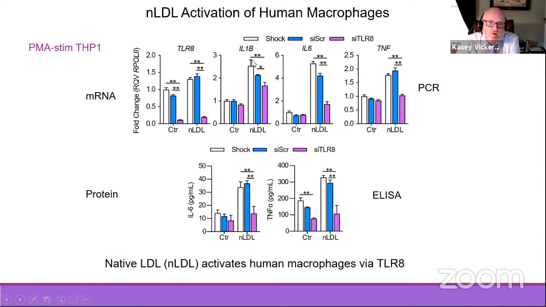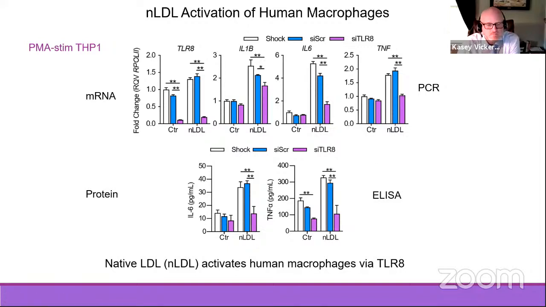LDL would turn on IL-1 beta in the presence of the scrambled control, but there was a significant block in LDL stimulation when TLR8 was suppressed or knocked down. And this is for all three: IL-1 beta, IL-6, and TNF-alpha. At the protein level, we observed the same thing.